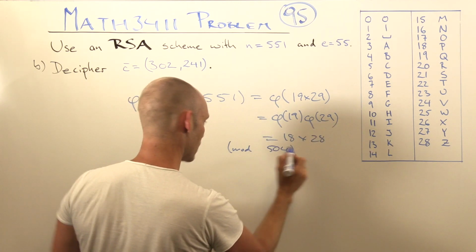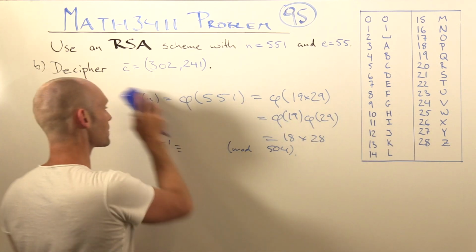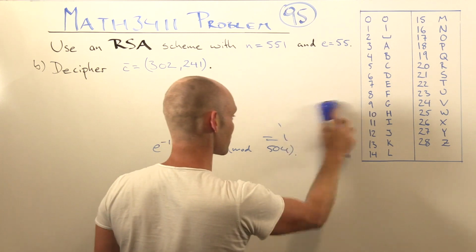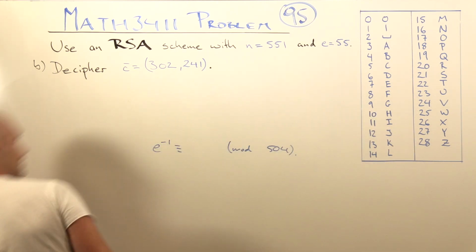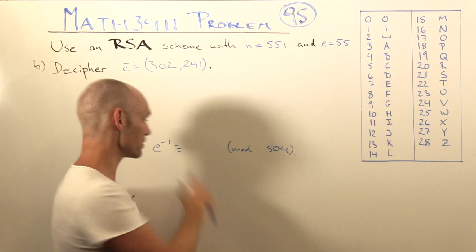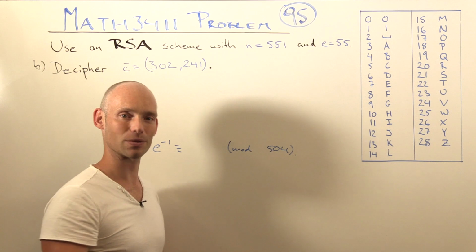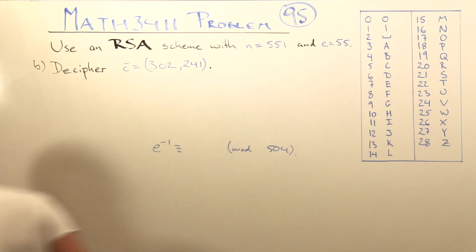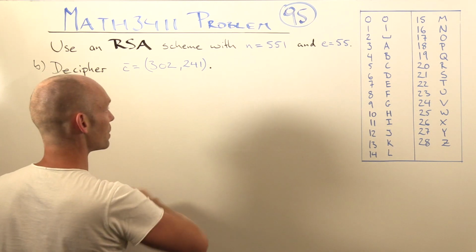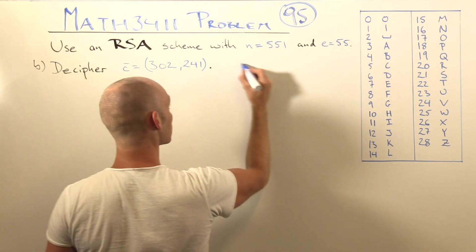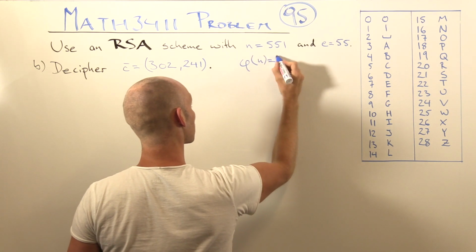504. Now, you might have divine inspiration and see what this is. But if you don't, then you could find this inverse by using the Euclidean algorithm forwards then backwards. So let's try to do that. Let's write phi up here, 504.